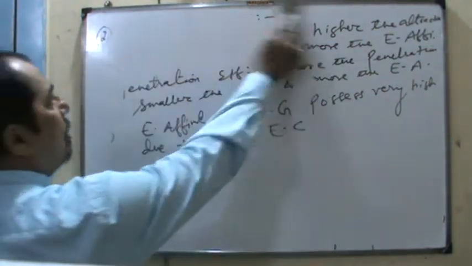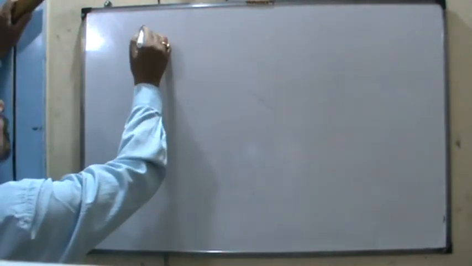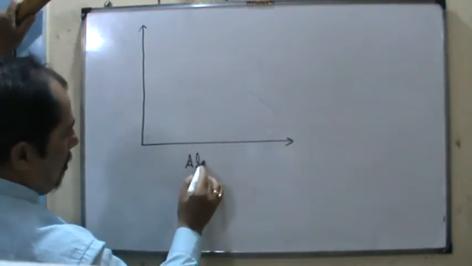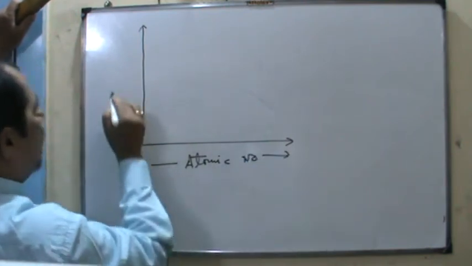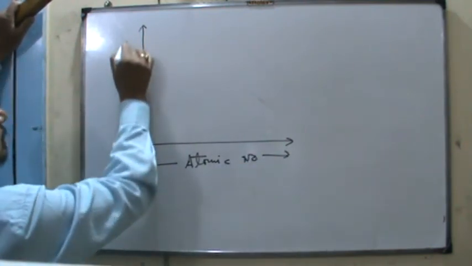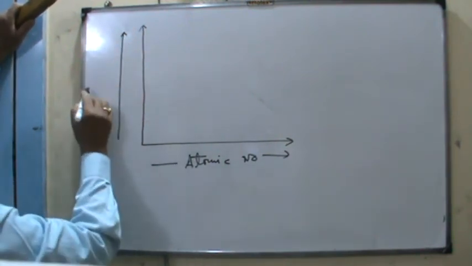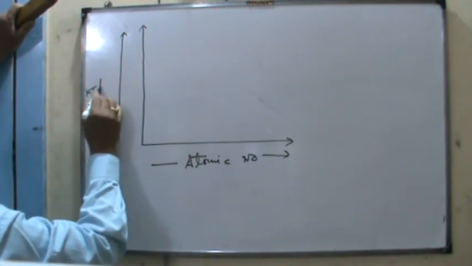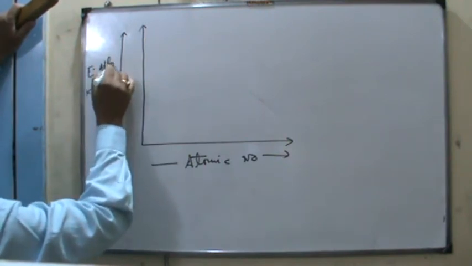Right, graphically you can represent it here. On one side you write atomic number going to increase, and on this side electron volt or kilojoule per mole. This is the electron affinity.